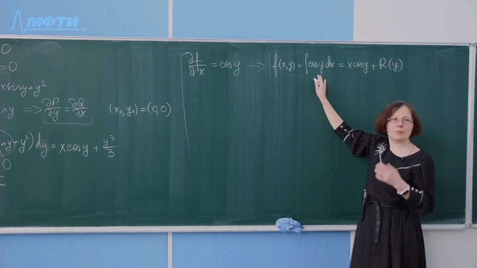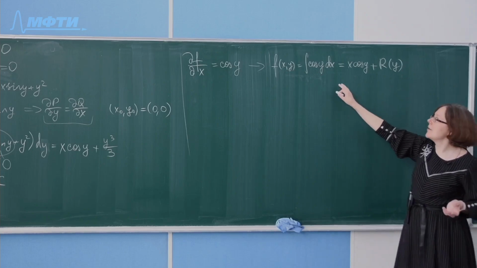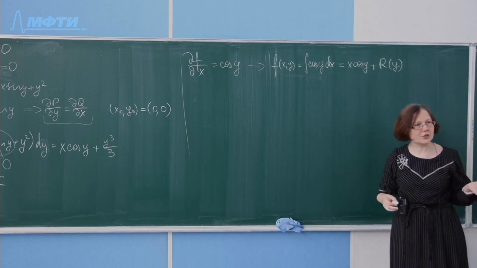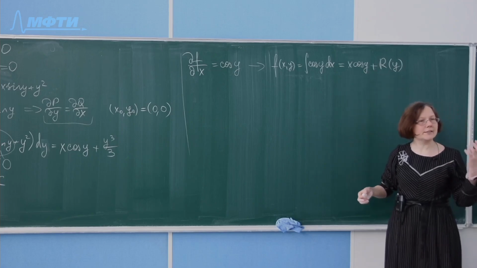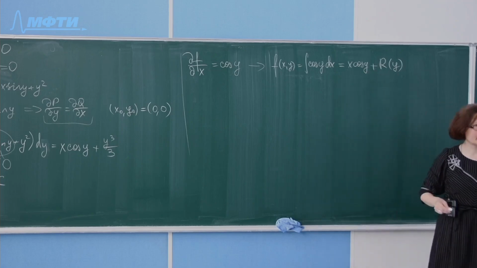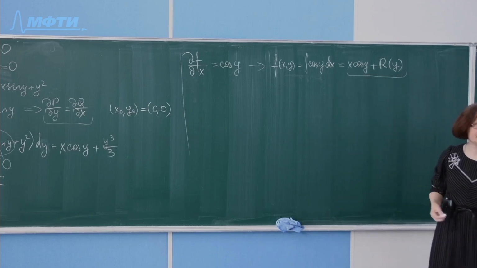So in this formula y is a constant, and we should add a constant as usual for the integration, but now our constant should depend on y. Okay, so this is our function.